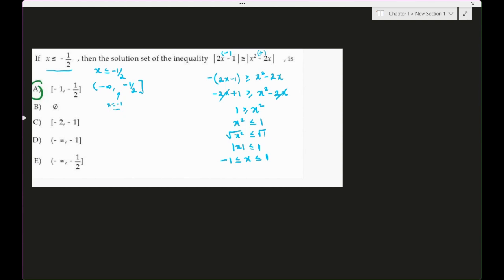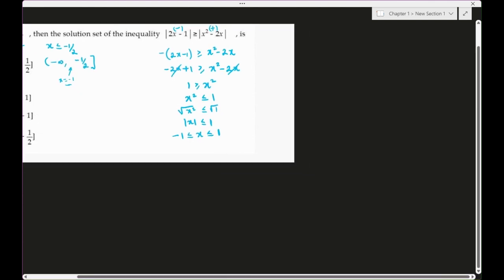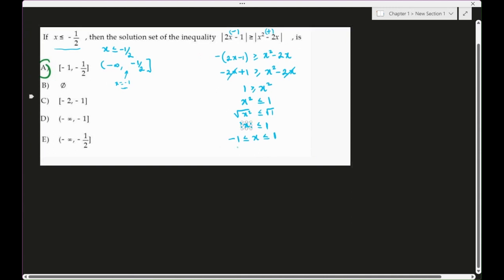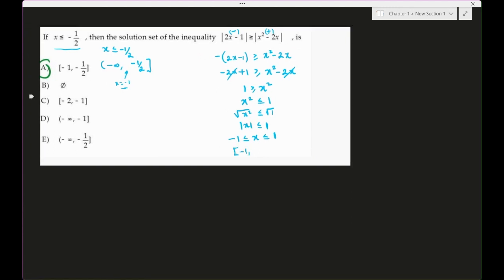So what does that mean? It means we are dealing with the interval from minus 1 to 1. Now, one thing we should not forget is the condition that our x must be between minus infinity and minus half.